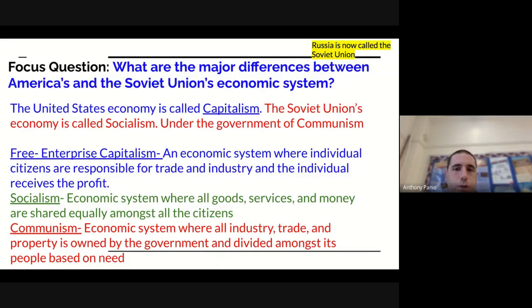Socialism is the term you won't see as much over the course of this class, but we need to know what it means before we get into communism. So socialism is an economic system where all goods, services, and money are shared equally amongst all the citizens. So if Mr. Panio works a job, and let's say I get paid $50,000 a year, Ms. Peduzzi works a job, she's going to get paid $50,000 a year.